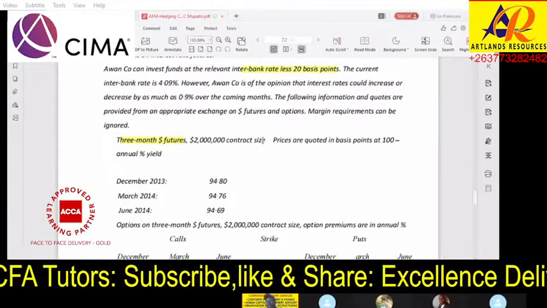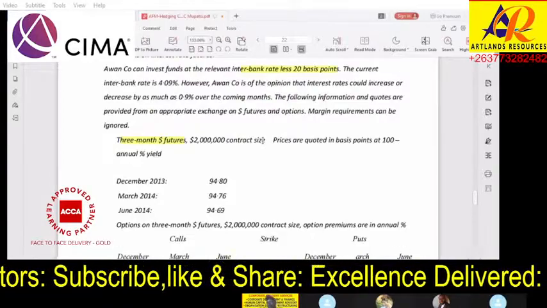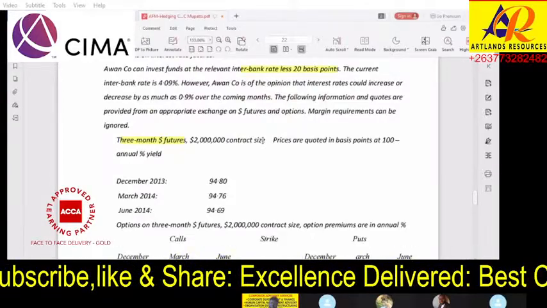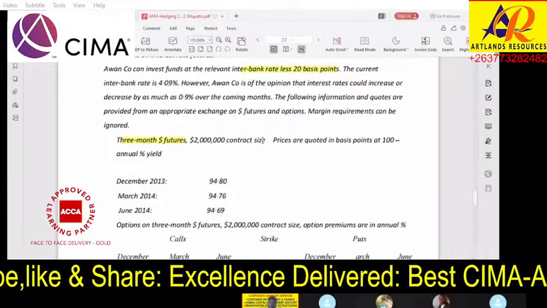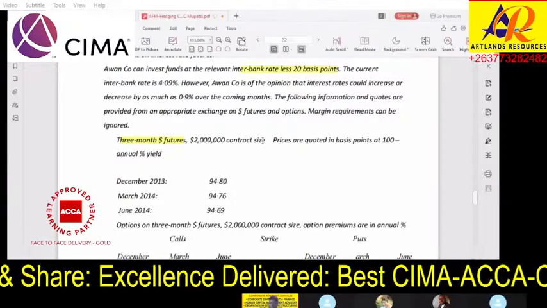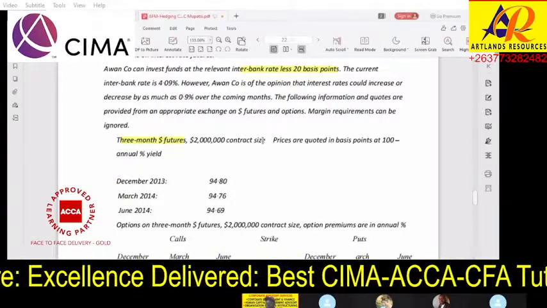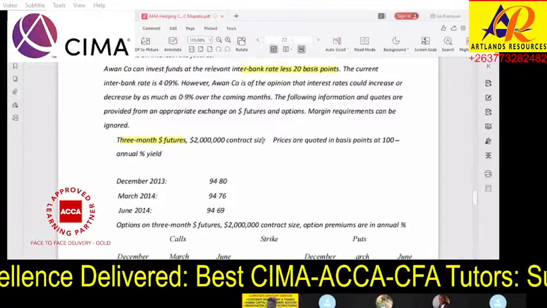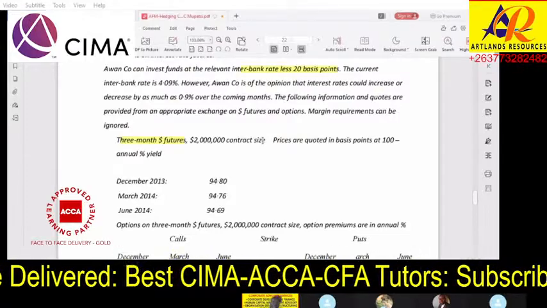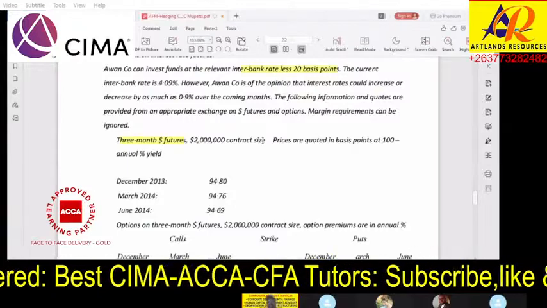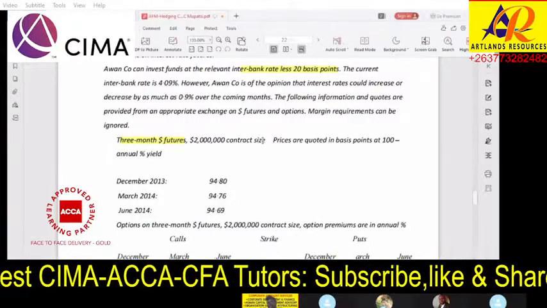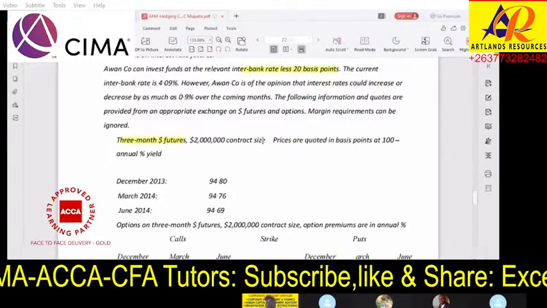Are you not seeing how big the contract sizes are for futures? No wonder you don't find them in this part of the world, because companies normally don't have such amounts of money. These are actual contracts. Don't just think you happen to find contract sizes in exams. ACCA exams mirror what is obtaining on the ground, though they use hypothetical companies.